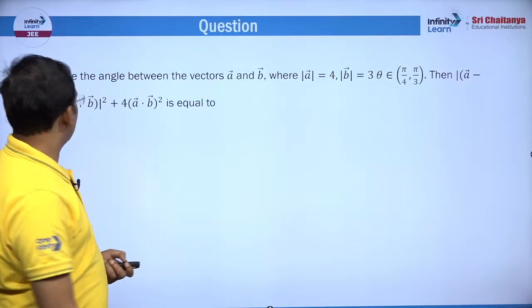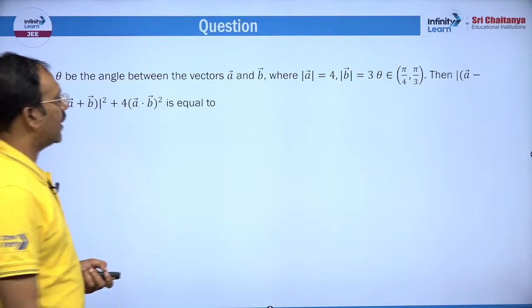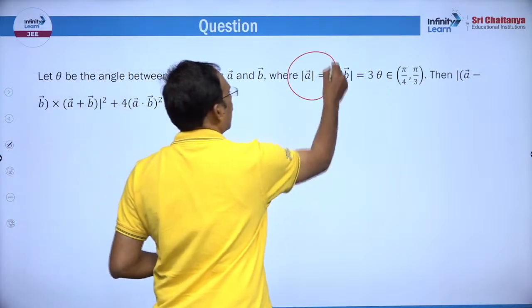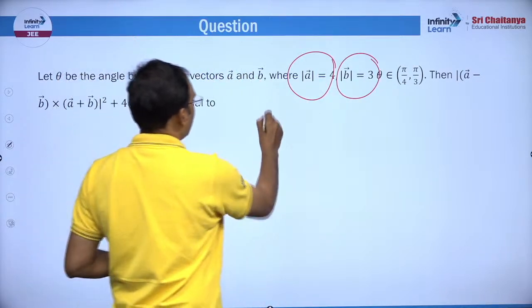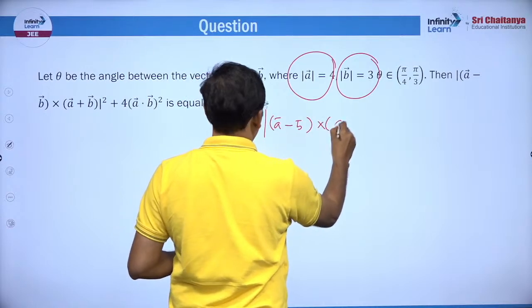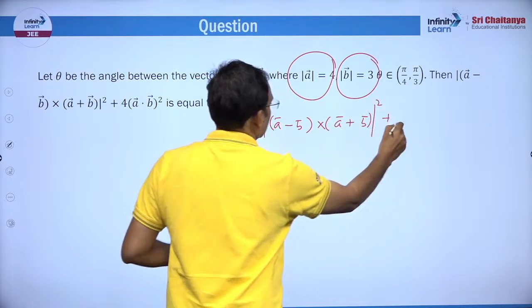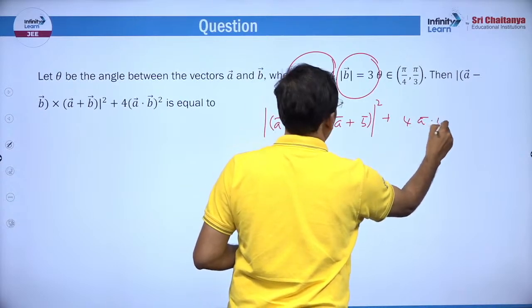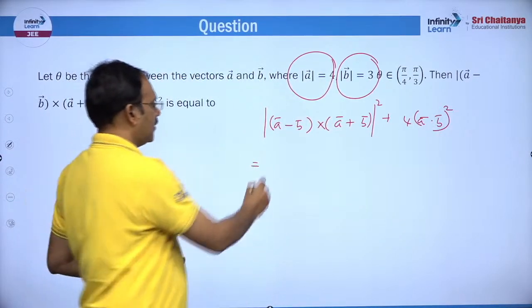The next, you see this question. Let theta be the angle between the vectors a bar, b bar, magnitude of a bar is given, magnitude of b bar is given. So now you see magnitude of (a bar minus b bar) cross (a bar plus b bar) square plus 4 into (a bar dot b bar) square. You just multiply this.